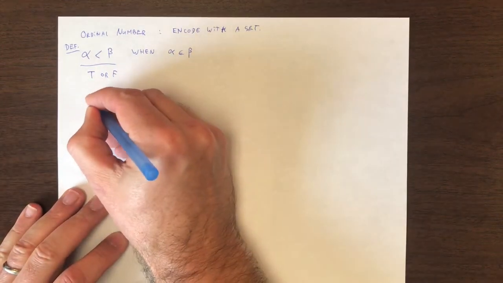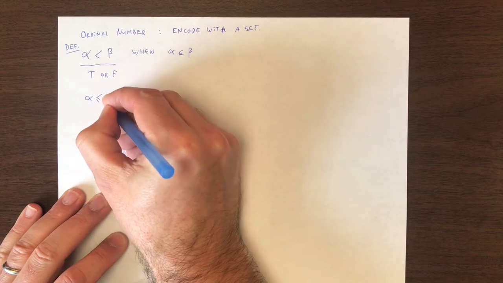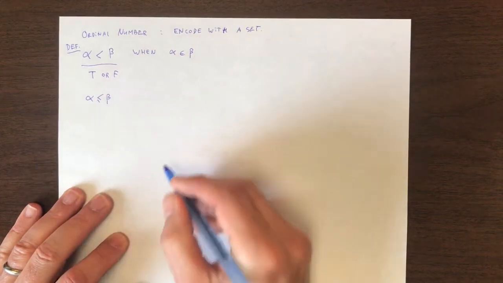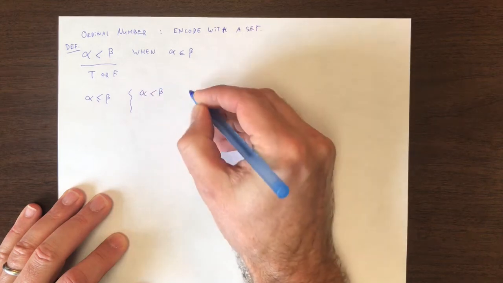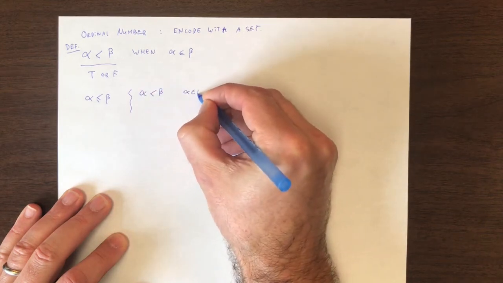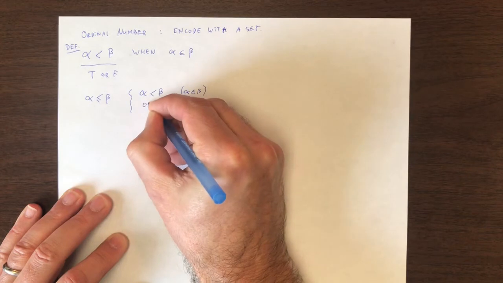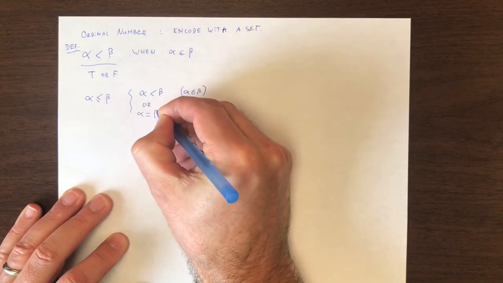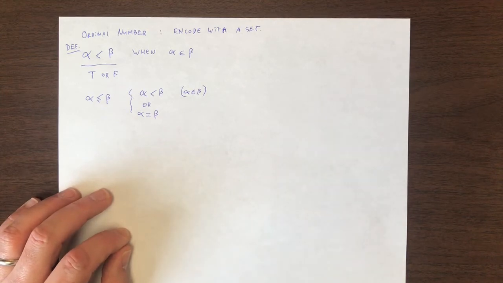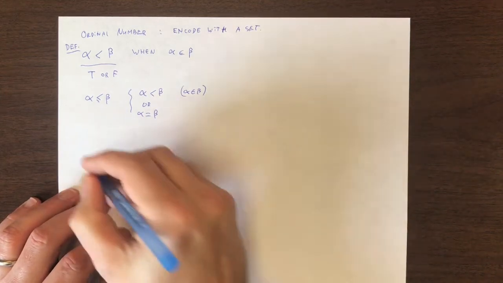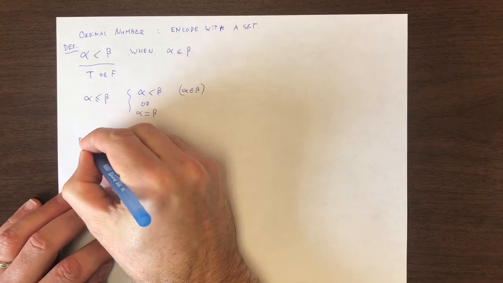Now, what is alpha less than or equal to beta? We define that in the following way. This is true if alpha is less than beta, in other words alpha is an element of beta, or when alpha is equal to beta. That's how the ordering is defined. Now, you may wonder, is the following possible?